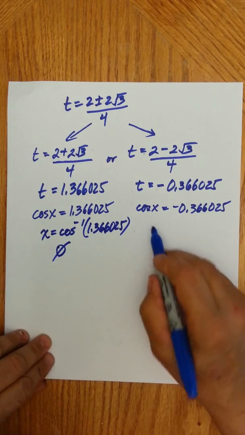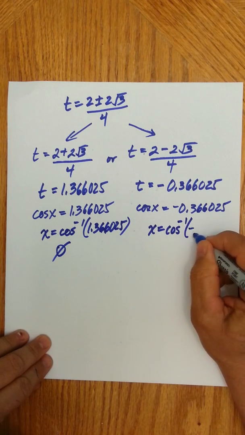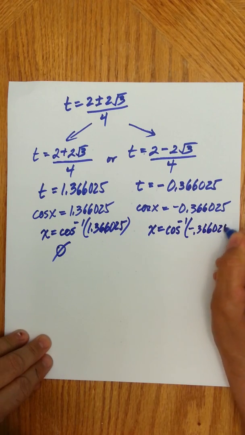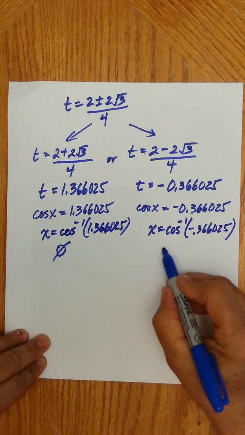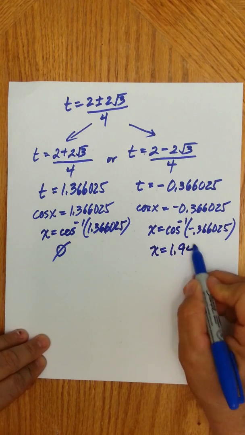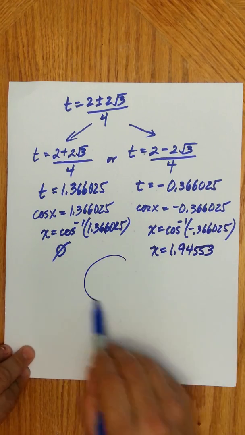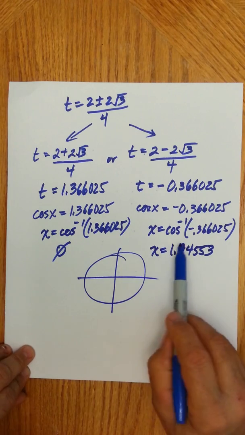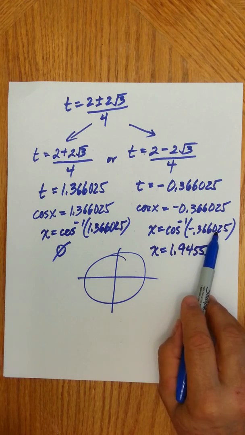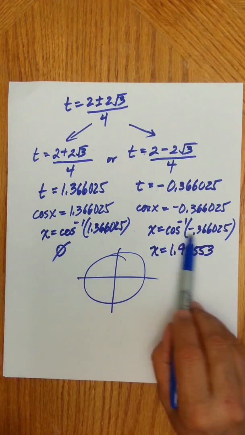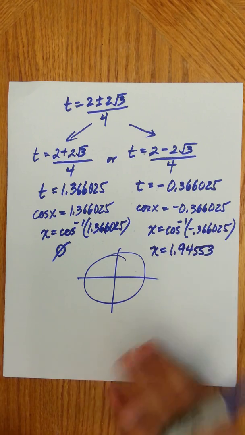Now here, x is the inverse cosine of negative 0.366025, and what you'll get is that x is 1.94553. So that's the angle. This question asks for what angle between 0 and pi is the x-coordinate, because we're talking about cosine, a length of negative 0.366025.